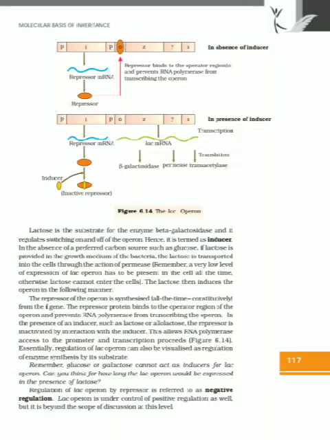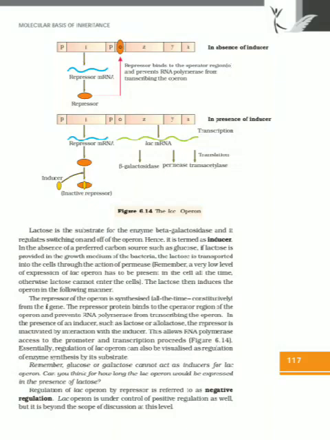The repressor of the operon is synthesized all the time constitutively from the i gene. The repressor protein binds to the operator region of the operon and prevents RNA polymerase from transcribing the operon. In the presence of an inducer such as lactose or allolactose, the repressor is inactivated by interaction with the inducer.